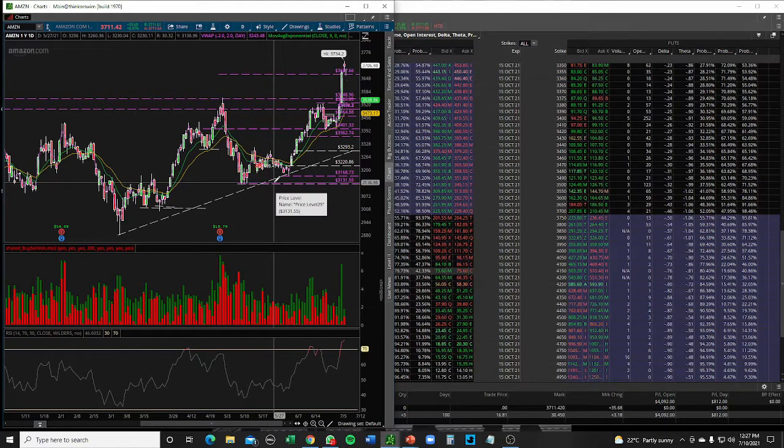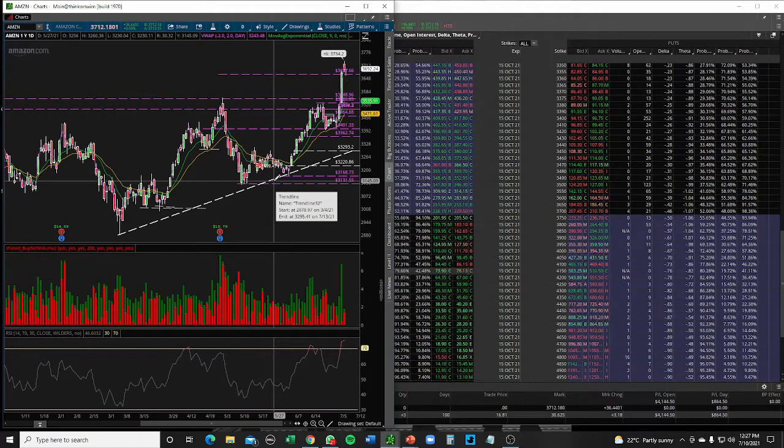I started with one position of Amazon, and I built that position by buying that same option over and over again. Because I have time value on my side, I have extrinsic value as well as intrinsic value if Amazon keeps increasing. So what I'm expecting is Amazon to keep going up in price.